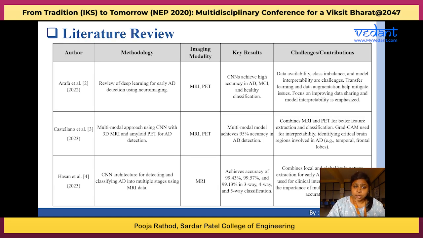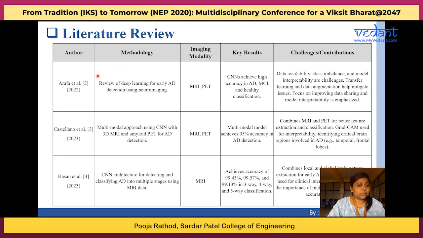And these are some literature where the authors have found methods to diagnose early detection. Some of them use the stages of Alzheimer's. They use deep learning and machine learning methods and imaging modalities like PET scan and MRI scan.